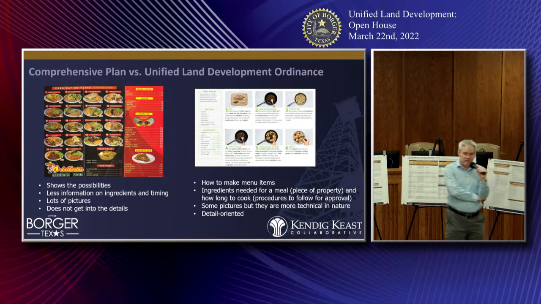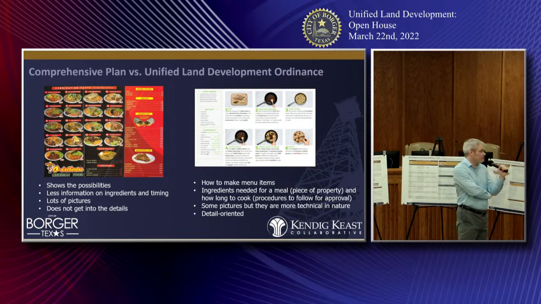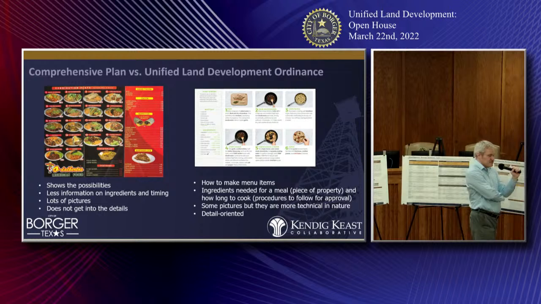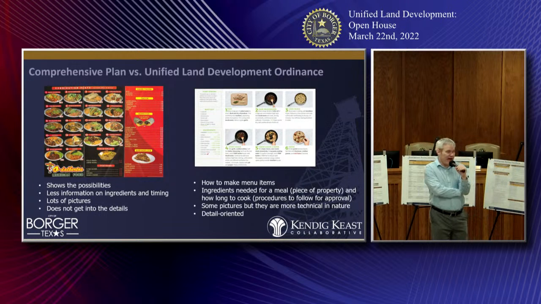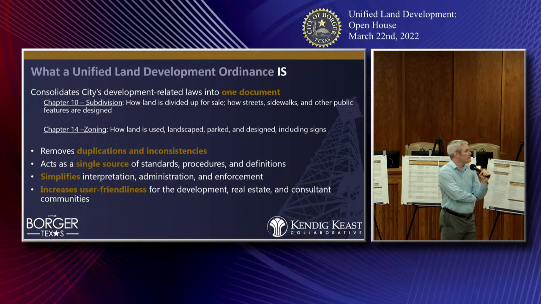That's a broad goal that doesn't have much detail to it, but the ULDO can have things in it like smaller lot sizes or other kinds of housing types like duplexes or triplexes or single family that are smaller, that help to push forward that goal of having more affordable housing in the city. And that's just an example. It's not necessarily a recommendation that is in the plan here.